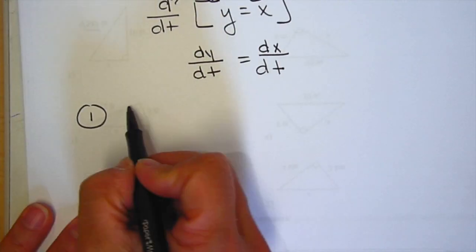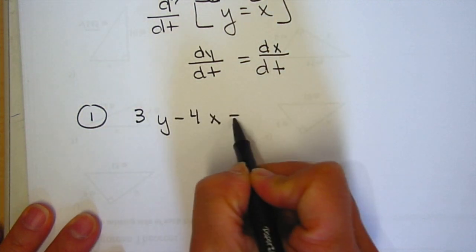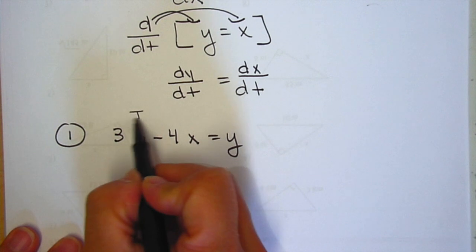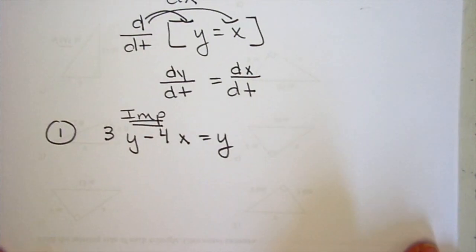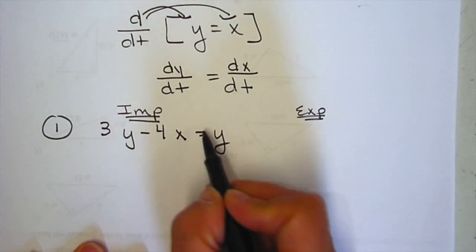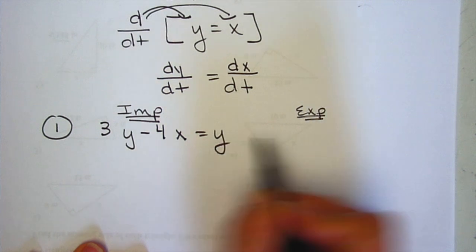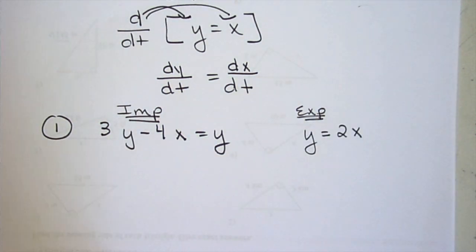So this, the way it is written, is an implicit function. Okay, let's go ahead and write this explicitly first. That means I can solve this equation for y, subtract the y, move the 4x over. So this is really the same as y equals 2x. I want to take this derivative.